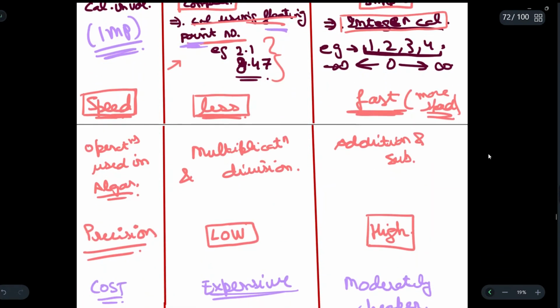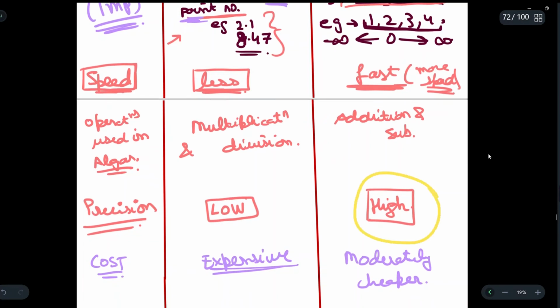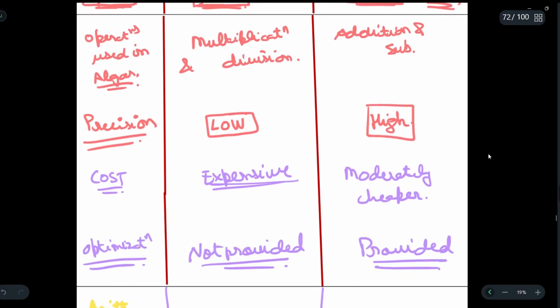Now let us come to the fourth point, that is the precision. In DDA, we have low precision, that is, the values of the points are not very precise, whereas the values of the points are much more precise in the Bresenham algorithm as compared to DDA. That is why we have high precision over here. Now let us come to the cost.